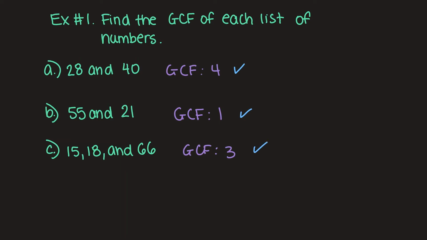Now let's talk about how we find the GCF for a list of variables raised to powers. The GCF will be found in a similar way. So let's say we wanted to find the greatest common factor of x squared, x cubed, and x to the fifth. We can start with listing out their factors, and it might be helpful to pair up each factor.